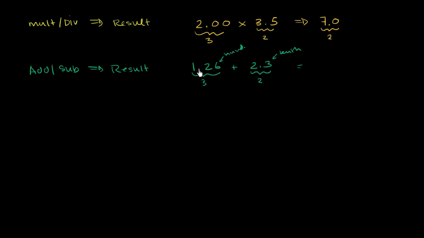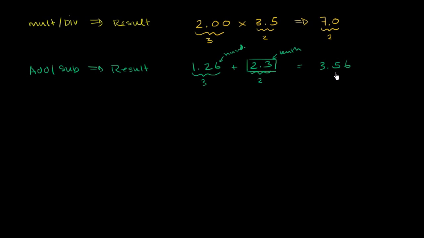When you add or subtract numbers, if we just add these two numbers, I get 3.56. The sum or the difference, whatever you take, you don't count significant figures. So you don't say this can only have two significant figures. What you say is, this can only be as precise as the least precise thing that I had over here. The least precise thing I had was 2.3. It only went to the tenths place.